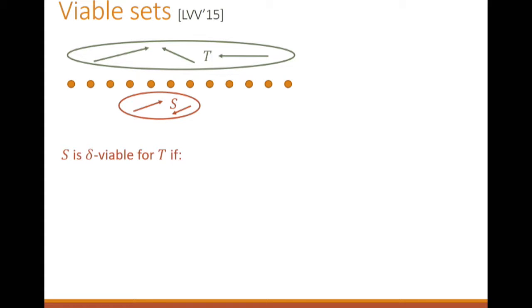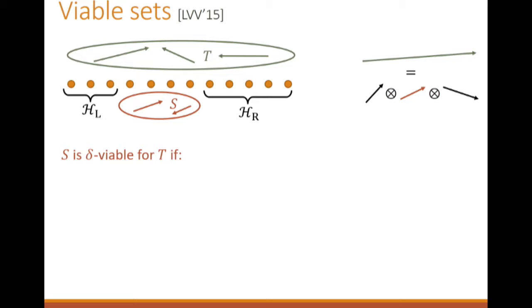So we'll say that this small set S is a variable set for the big set T if the following condition holds. Whenever I take a vector in T, there's a way to write it as a tensor product of a vector in S for the 4 qubits, and then on the left and right, I can put anything I want. So anything from the Hilbert space on the left, anything from the Hilbert space on the right. If that was my notion, it wouldn't be enough because these are product states.